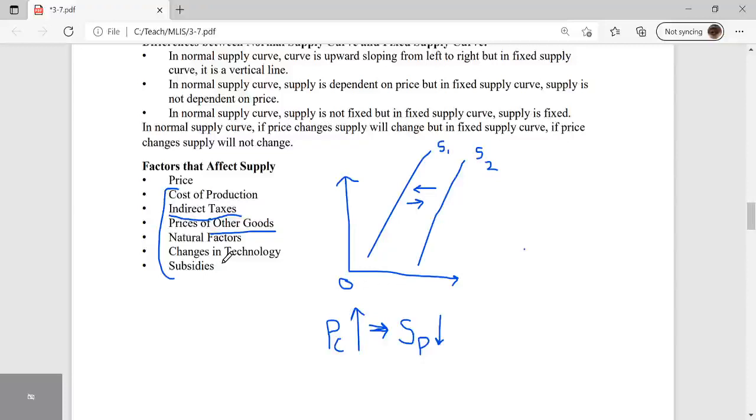Next, let's talk about technology. So if technology advances, what will happen to production speed? The production speed will increase, right? Previously we used to produce clothing by using hand and needle. Then later on we used a machine, then pedals. You can use your leg for sewing clothing, so it increased the speed.